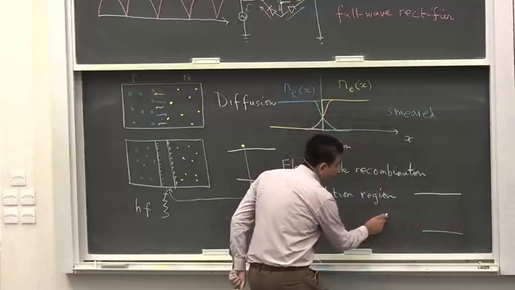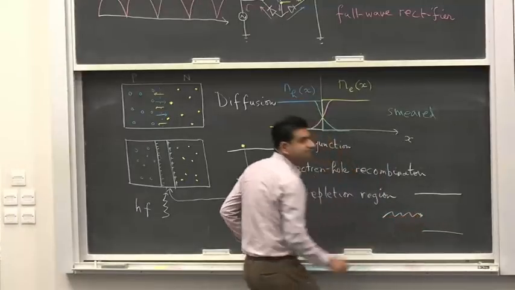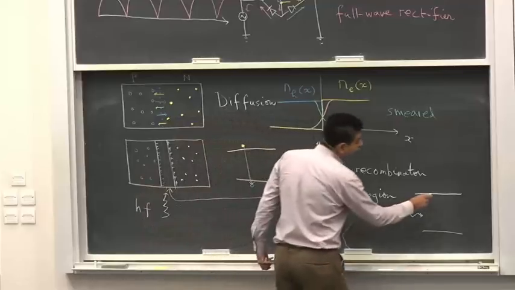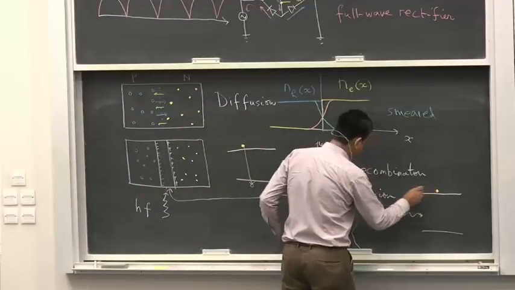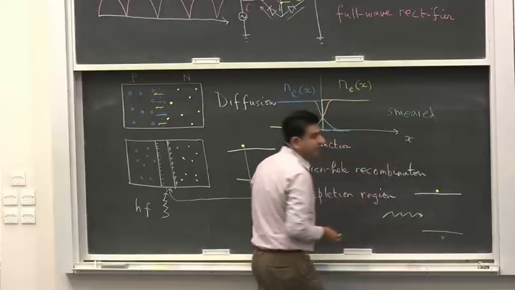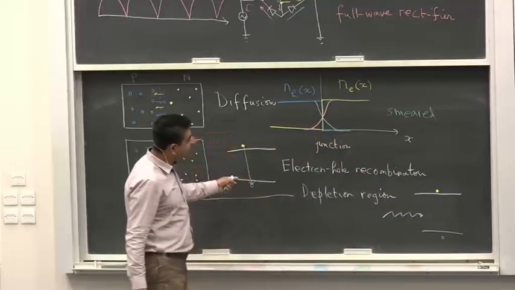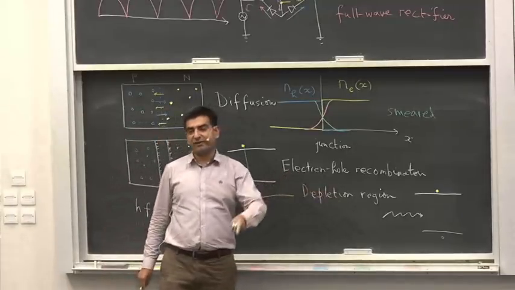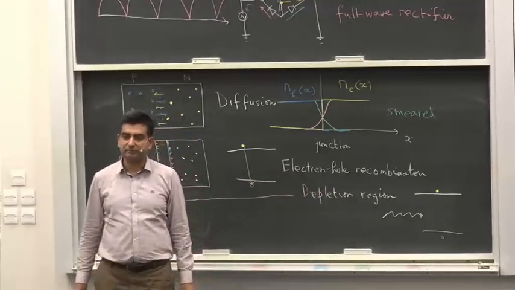So the photon comes in, it gives energy, and an electron is created in the conduction band and a corresponding hole is created in the valence band. So this is exactly the inverse of this process. This is the generation of an electron-hole pair.